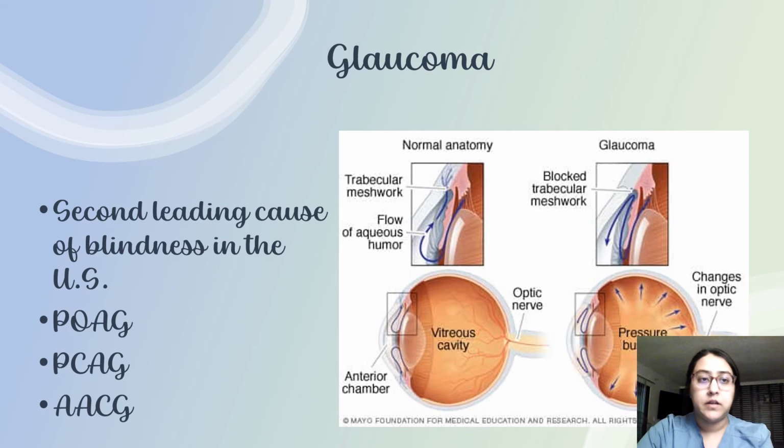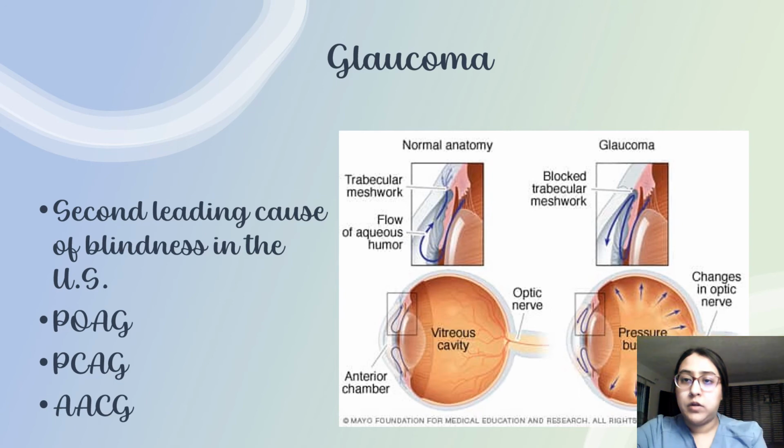This is the second leading cause of blindness in the United States, and there are 3 types. You have primary open-angle glaucoma, primary closed-angle glaucoma, and acute closed-angle glaucoma. Glaucoma is caused by an improper balance between the reabsorption and production of the aqueous fluid, where the production, or inflow, is greater than the reabsorption, the outflow, and this causes increased intraocular pressure.